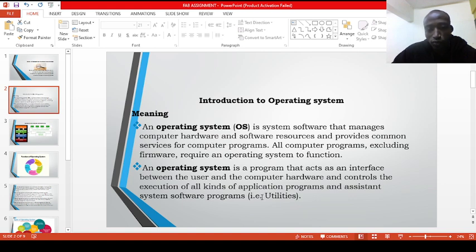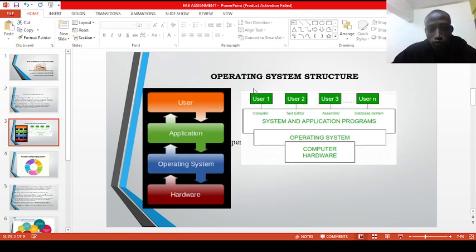An operating system is a program that acts as an interface between the user and the computer hardware and controls the execution of all kinds of application programs. So this is basically the structure of the operating system. As you can see, we have several users here, and we have the various types of application programs that these users may be using.